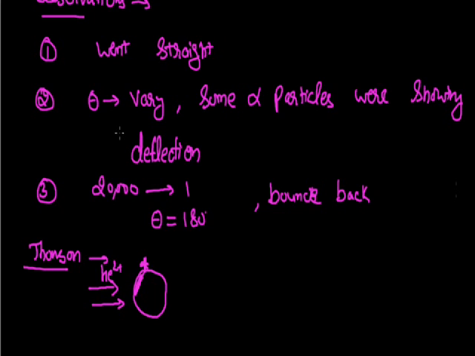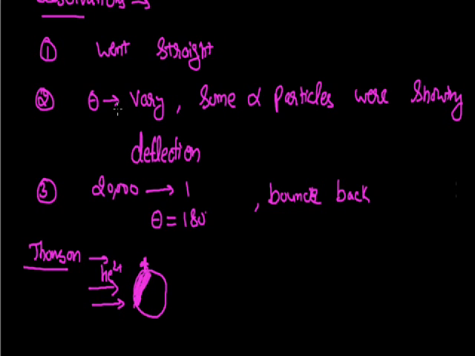The second observation of Rutherford's experiment was that some alpha particles were showing deflection, but the deflection angle was different. If I apply this on Thomson's atomic model, according to Thomson, the positive charge is uniformly distributed throughout the sphere. Whenever a positively charged proton has a collision with the positively charged alpha particle, then due to the same magnitude of repulsion, there should be the same angle of deflection.